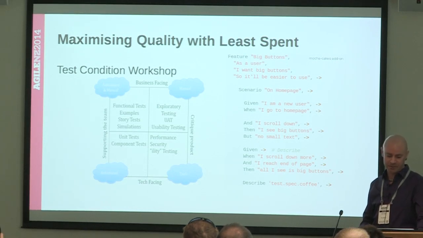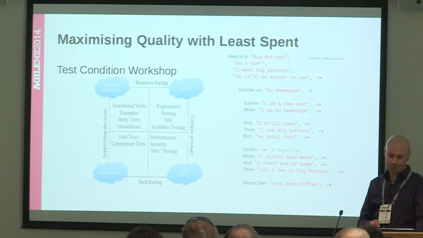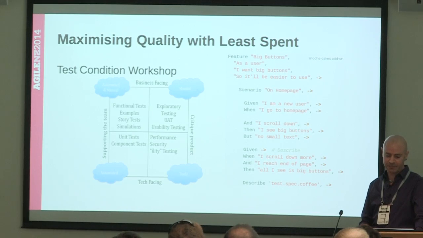So the idea is that you create these test conditions, and then as you're developing, you can get testers to put bindings behind these, and then they're ready for the developers to start writing their tests, and then start writing their business logic to satisfy those tests.